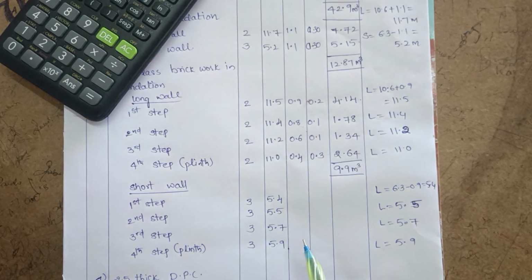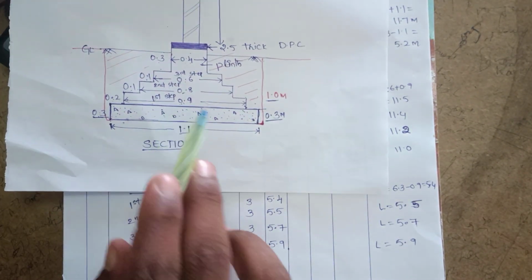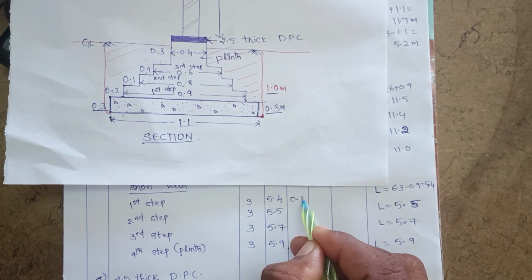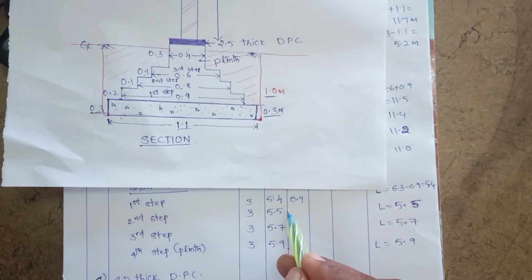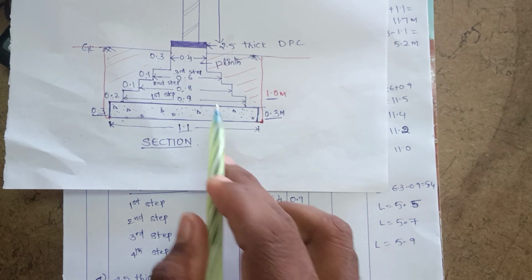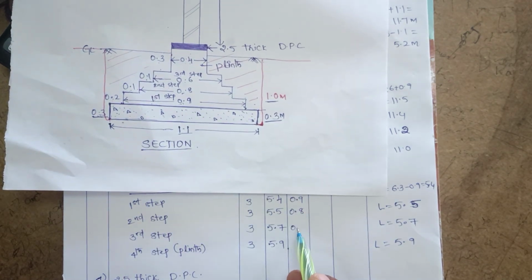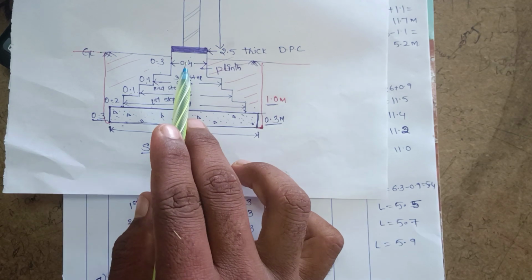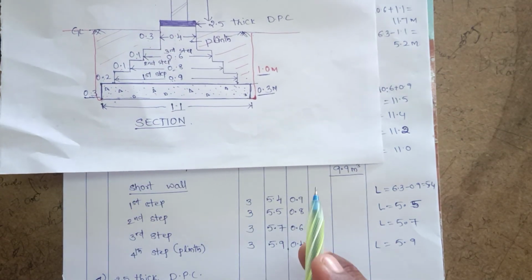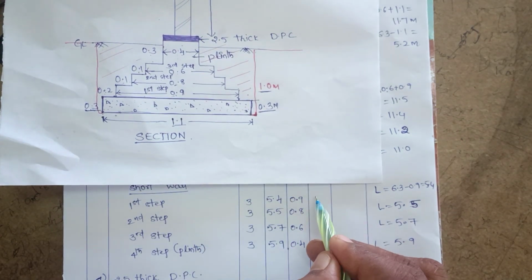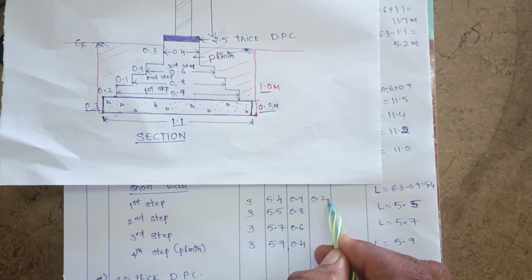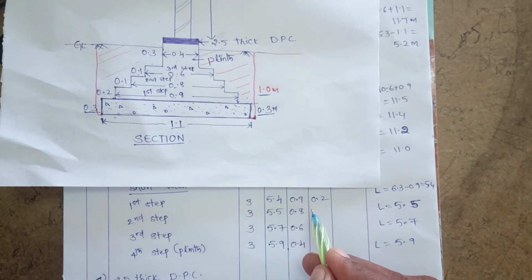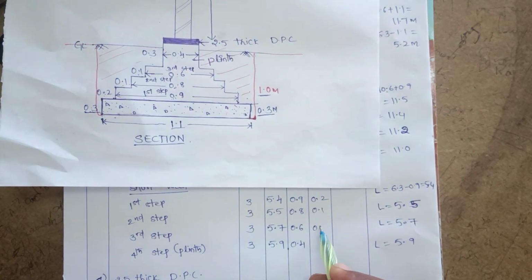The breadth for the first step is 0.9, followed by the second step 0.8, the third step 0.6, and the plinth 0.4. And the depths are 0.2, 0.1, 0.1 and 0.3.